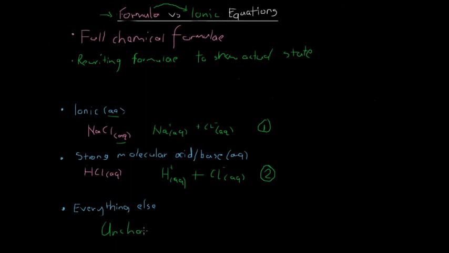All right, now one thing that can crop up when we rewrite a formula equation as an ionic equation is that we may have the same ion on both sides of the equation. I'm going to try and show you what I mean.